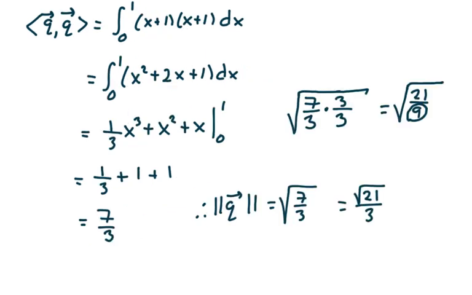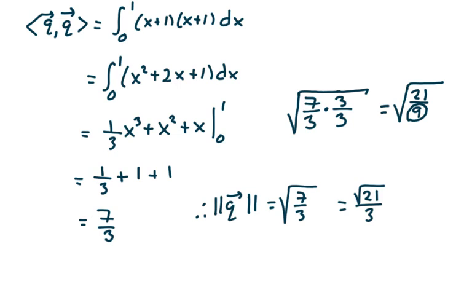From here, let's take the inner product of q and q. That's the integral from 0 to 1 of x plus 1 times x plus 1 dx. But that's the integral from 0 to 1 of x squared plus 2x plus 1 dx, which is 1/3 x cubed plus x squared plus x, evaluated from 0 to 1.